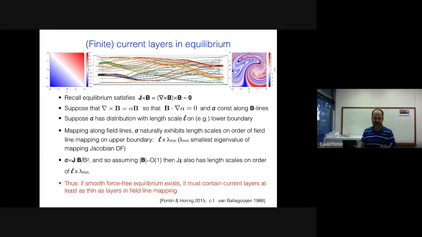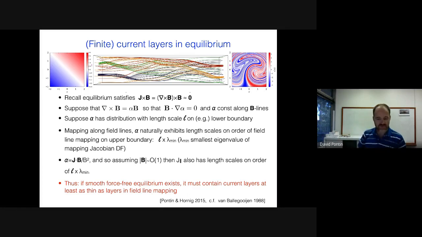So therefore this tells us that not only alpha, but also the current must have small length scales. And not only that, but the current layers have to be thinner for increasingly complicated field line mapping, or increasingly tangled fields.